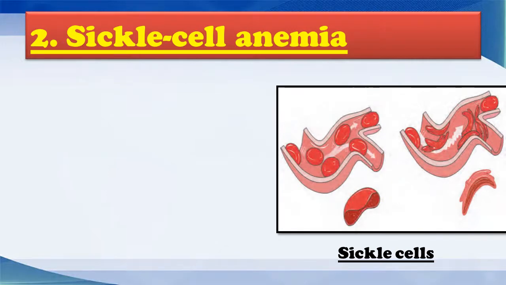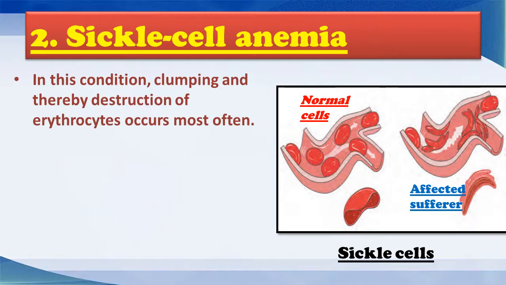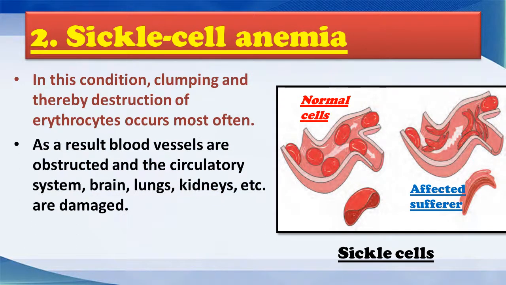Here these are the normal RBCs with a biconcave shape, and these are the affected cells of a sufferer with sickle cell. In this condition, clumping and thereby destruction of erythrocytes or RBCs occurs most often, and as a result blood vessels are obstructed and the circulatory system, brain, lungs, kidney, etc. are damaged.